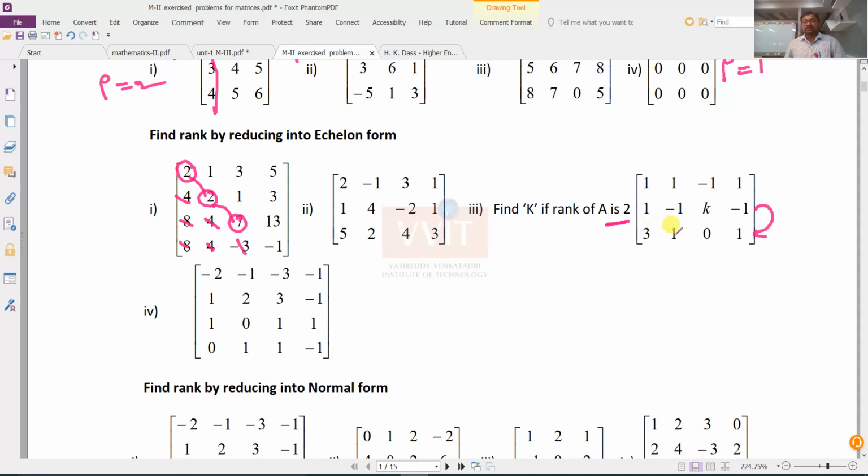In this process, all these positions will be 0, but since it is already given, whatever the value in this position is should be equated to 0 and simplified. That's one technique. Another technique: take a minor which consists of k and equate it to 0, and you may get it. So multiple ways are there.